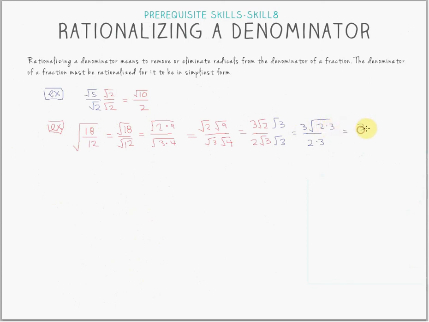So we're left with 3 square root of 6 over 6. Now notice that this still has some reducing that it can do. Everything is multiplied, and so we can divide the top and the bottom by 3. So we have the square root of 6, because 3 divided by 3 is 1, over 2.